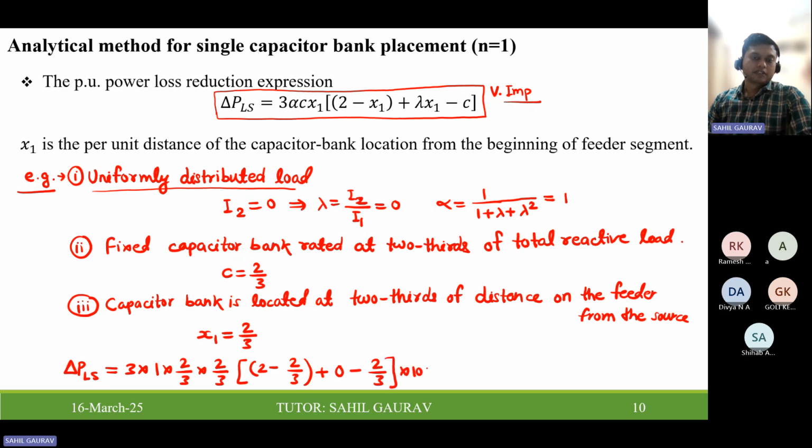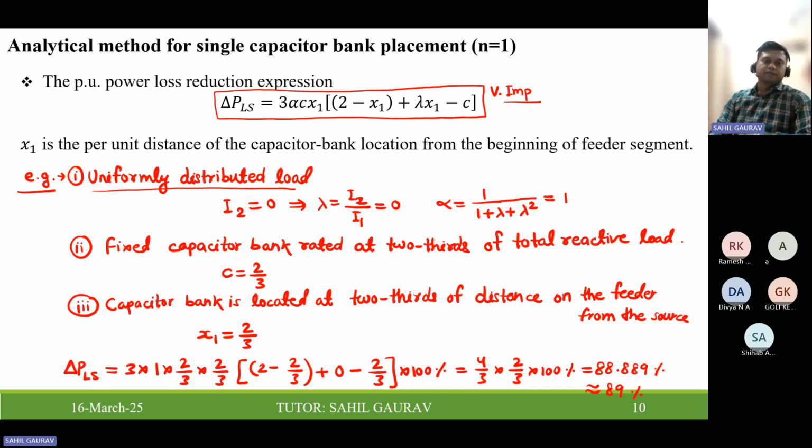If you want it in percentage, multiply with 100%. So you will get 4/3 into the inside term 2/3 into 100, which is 88.889%, approximately equal to 89%. So in this example we have considered optimal size and optimal location.